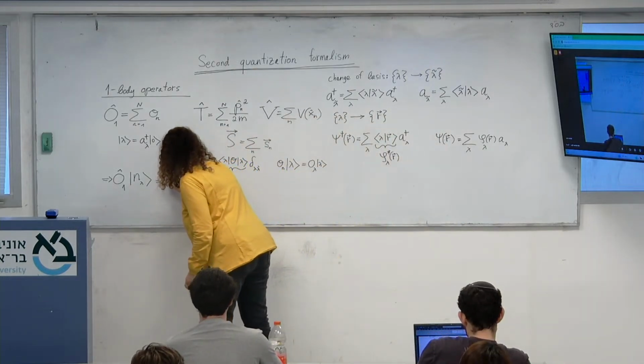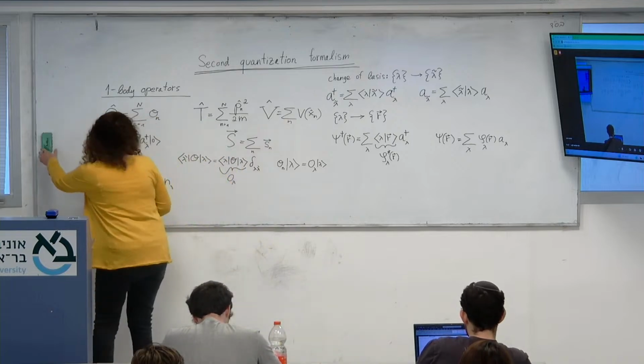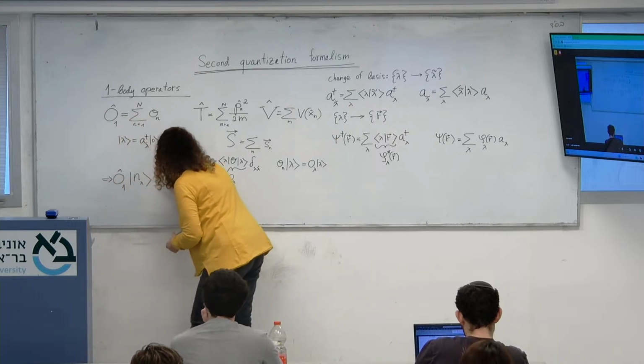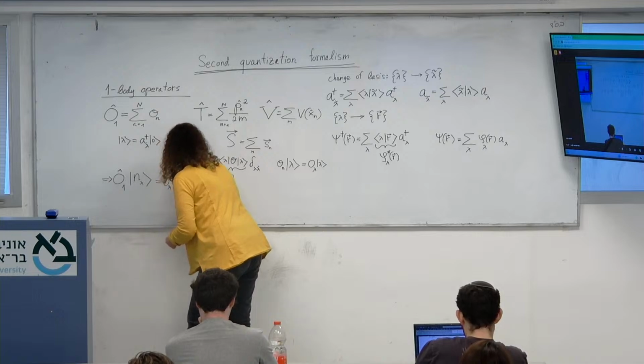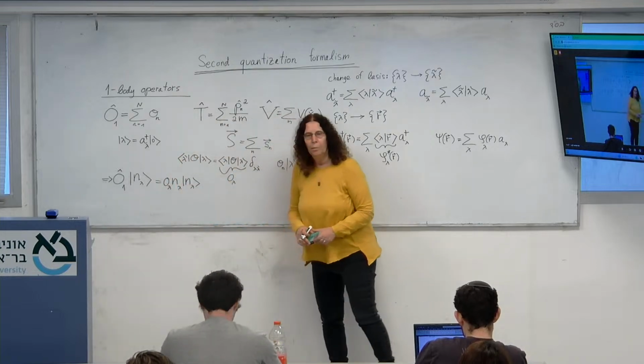Exactly, it's just n lambda, or let me write it the opposite way. O lambda n lambda times n lambda, right?